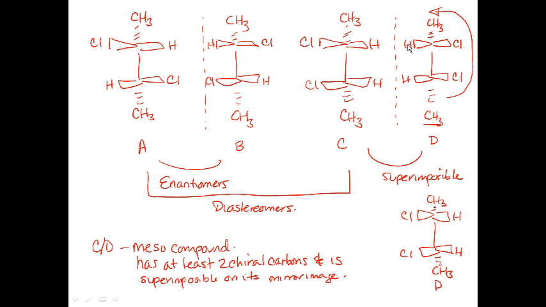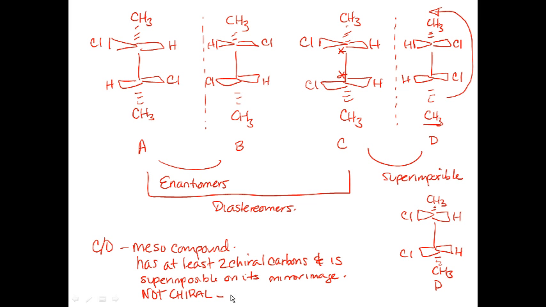So as you can see, the C and D representation here have two chiral centers, but it is superimposable on its mirror image. And what does that really mean? Well, what it means is a meso compound is overall not chiral.